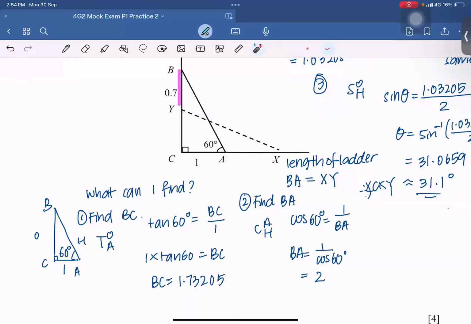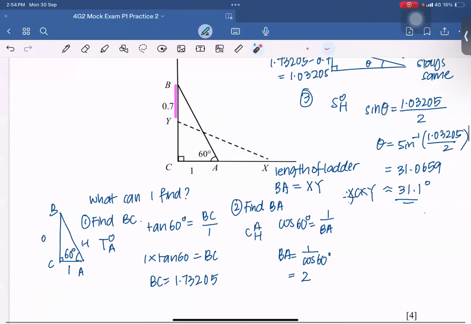So now I use my triangle again. Either I can use Pythagoras theorem or Tokasu. So in this case, I use Tokasu. CAH, cosine 60, adjacent over the hypotenuse. So since this is in a denominator, I swap these two positions. I get my answer, BA is 2.